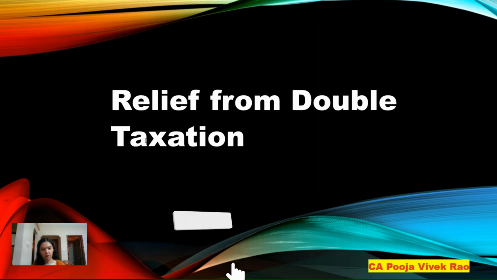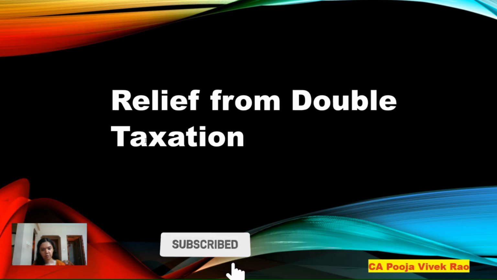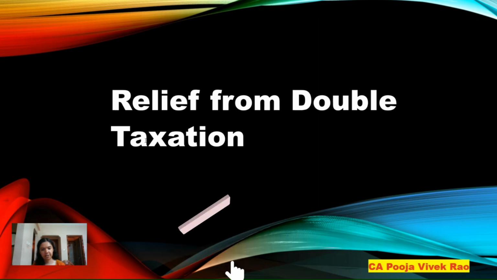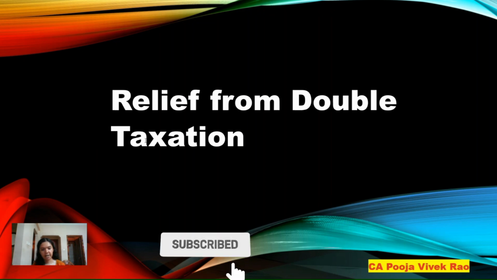Relief from double taxation. Dividend received from a foreign company gets taxed both in India and in the home country of the foreign company. However, if the tax on an international company's dividend has been paid twice, that is paid in both the nations, then the taxpayer can claim double taxation relief.